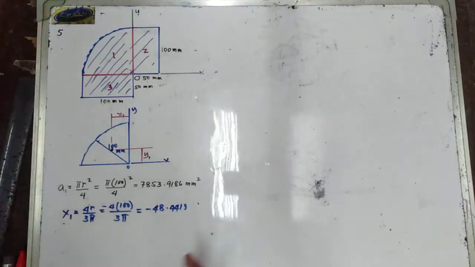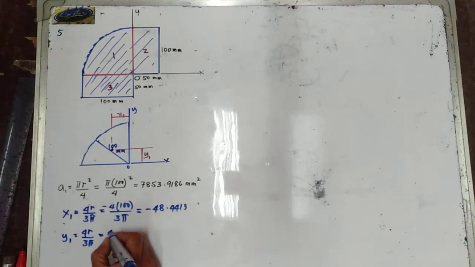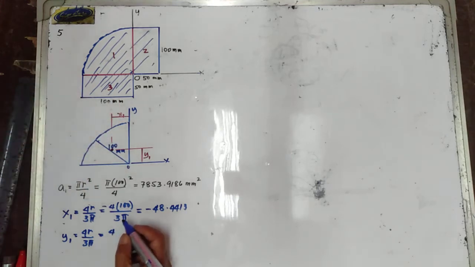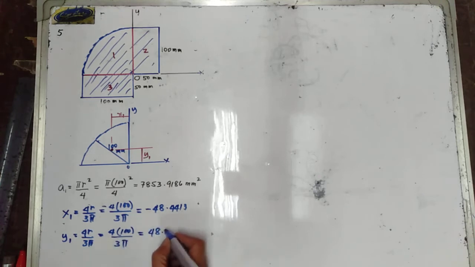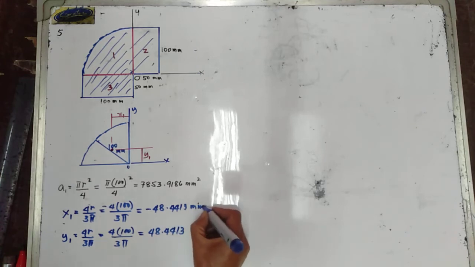So we have negative 48.4413. And your y1 is still 4r over 3 pi. So that is positive, above the origin, 4r all over 3 pi. That is equal to 48.4413 millimeter.